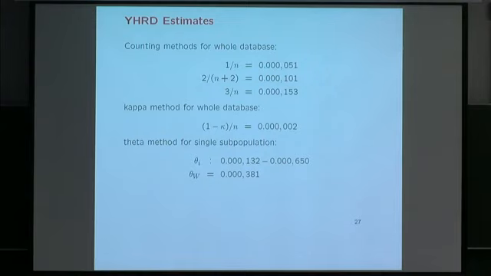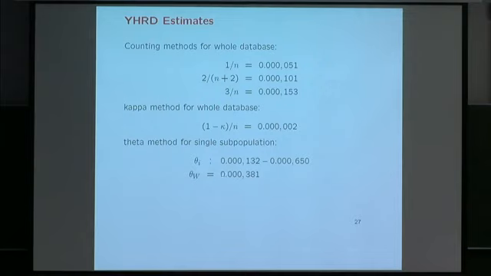We can estimate the theta that will apply on average to any of the subpopulations, assuming a large number of subpopulations. So here's our within subpopulation estimate, and if we take that as our lower bound on the match probability, it's in fact a little higher than some of these counting estimates and from the kappa method.